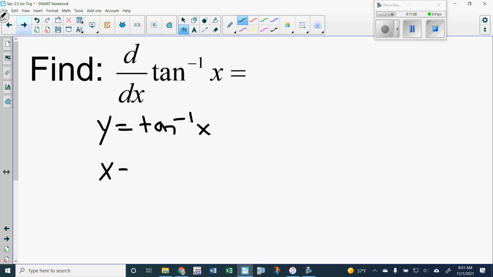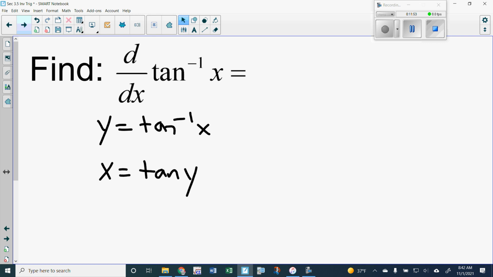So we get x equals tangent of y. Why is it y? Because we're taking the derivative of inverse tangent. So this is like dy over dx. This is our y. So now you get x equals tangent of y. We'll work through it, see if you can figure it out.